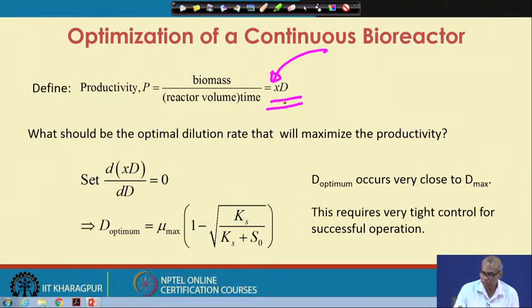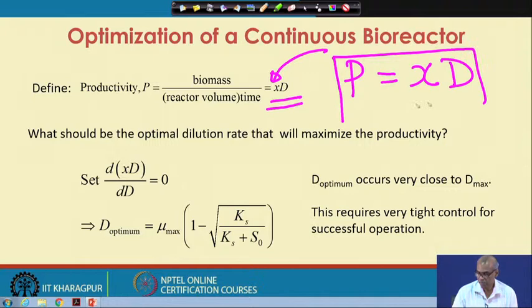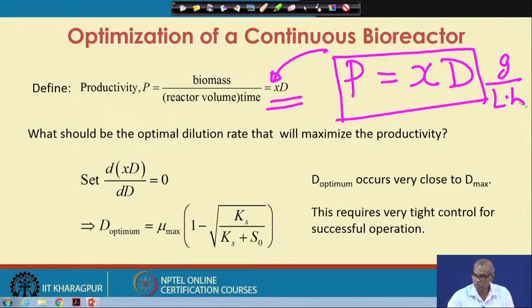So, the measure of productivity for continuous bioreactor P is biomass concentration x into dilution rate. So, the productivity x D will have unit biomass per reactor volume into time, something like gram per liter into hour.